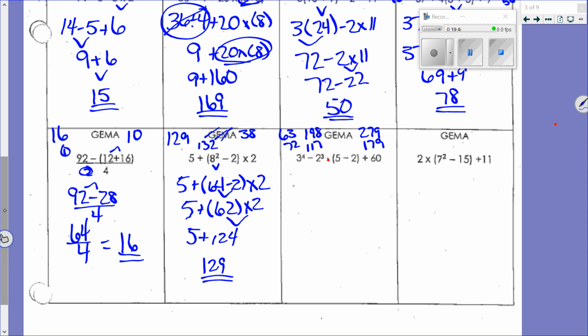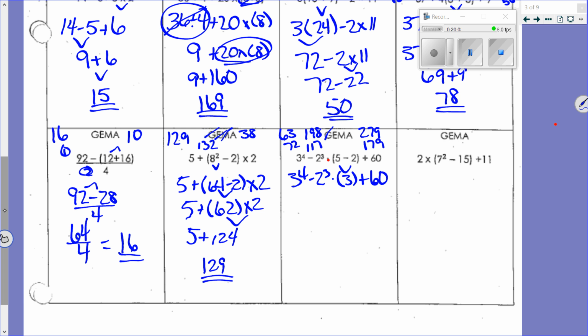And I figured there'd be a lot of change on this one because of the double exponents and the grouping. So again, we start with our grouping symbol. So first one I'm going to do is the 5 minus 2. Everything else gets rewritten. 3 to the 4th minus 2 cubed times 3 plus 60. Any additional grouping symbols? Nope, so that's gone. Exponents, I have 2 of them.